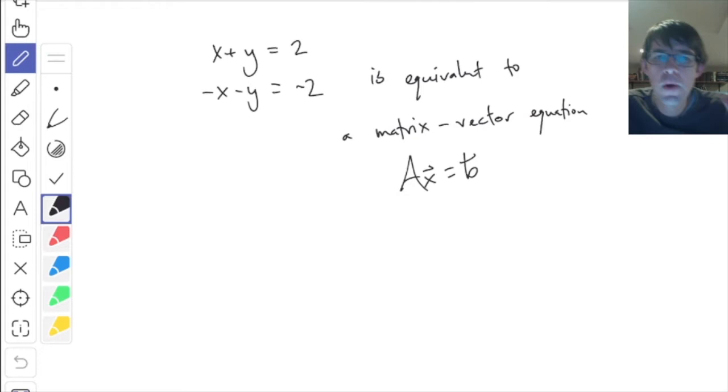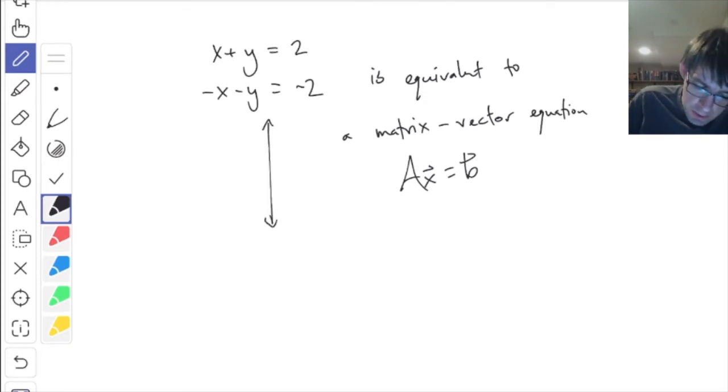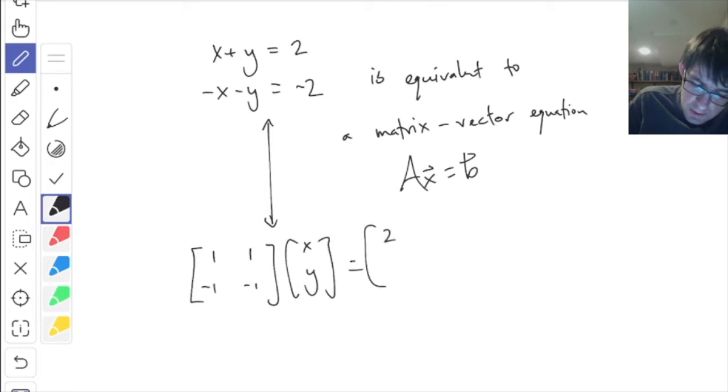So from one point of view, linear algebra is all about solving linear systems, but really most of the class you don't think about linear systems per se. You do very often think of matrix and vector equations like this, where A is a matrix, X is a vector of variables, and B is a vector of constants. And this system here is equivalent to this matrix equation, 1, 1, minus 1, minus 1, times the vector xy equals the vector 2, minus 2.